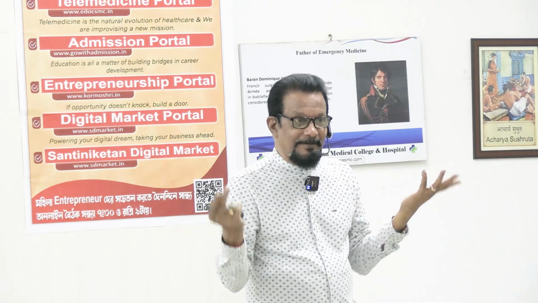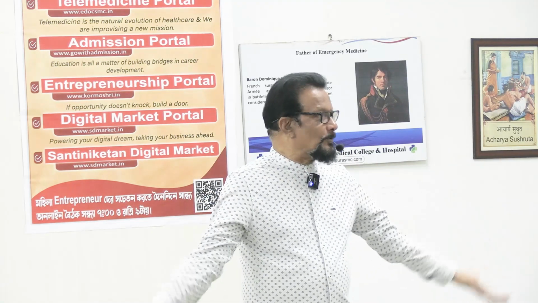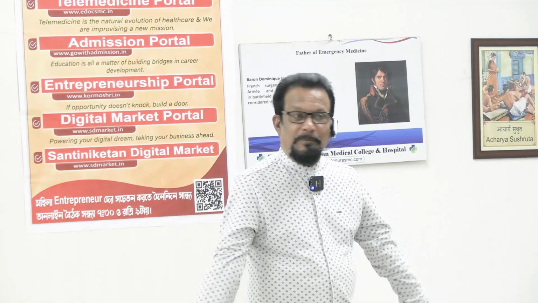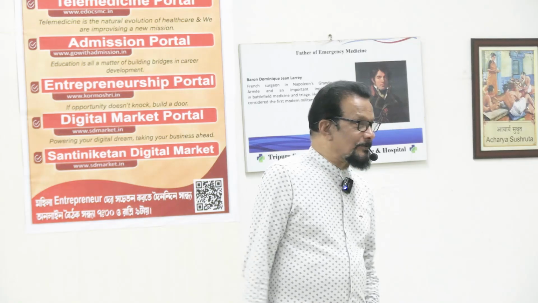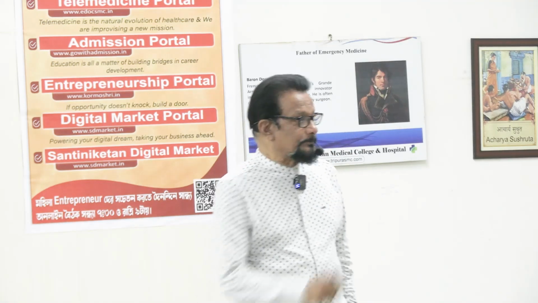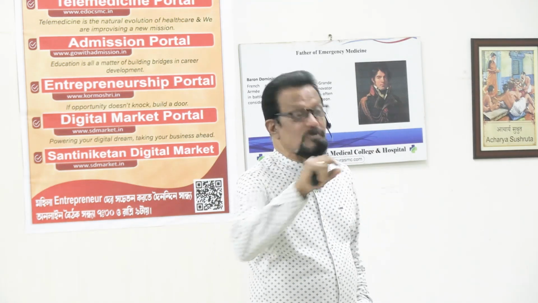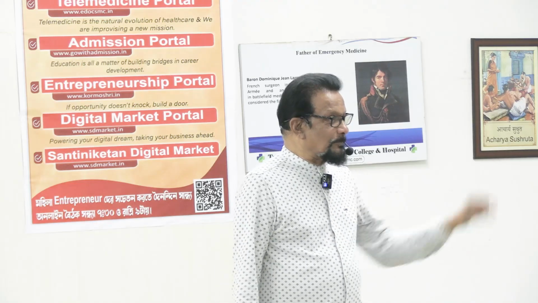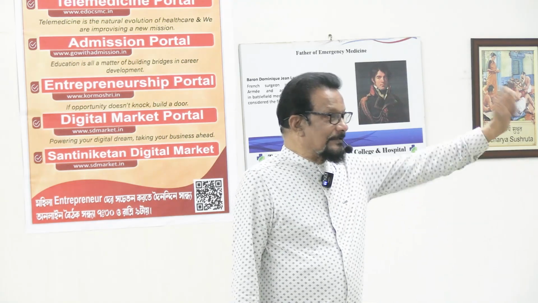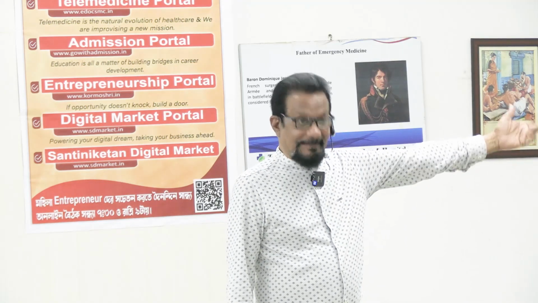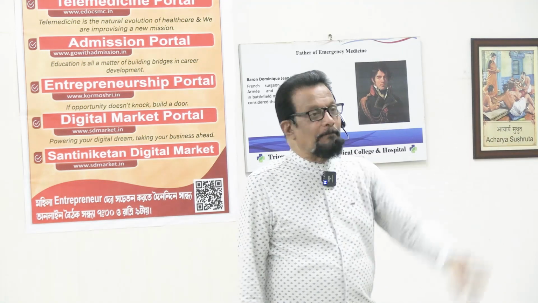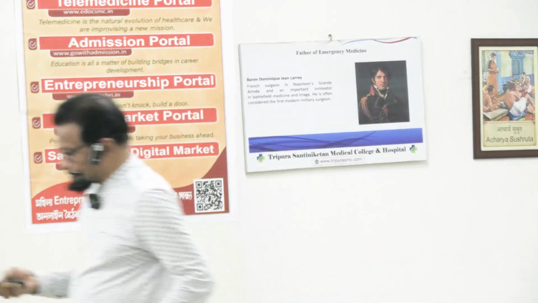So no more contraction. It will be under relaxation. This is very important when you are doing a post-mortem. You have to mention that death has occurred at least this many hours back. So this part is important.